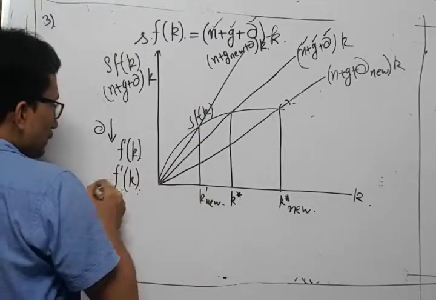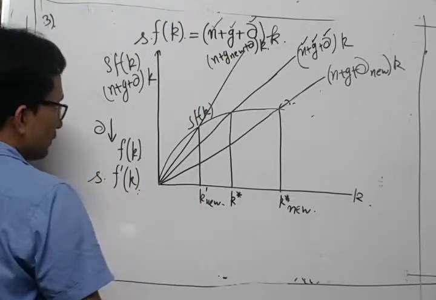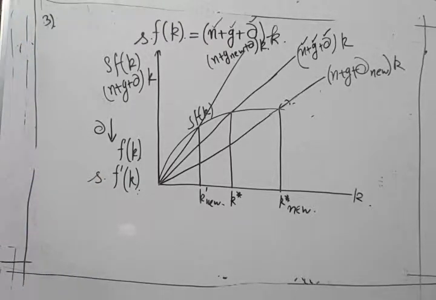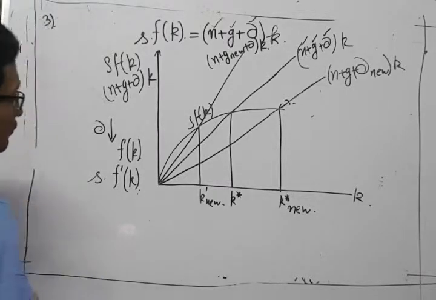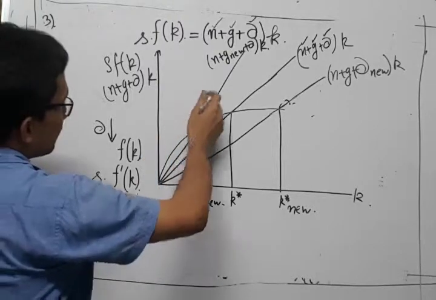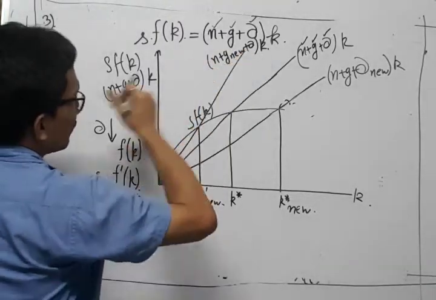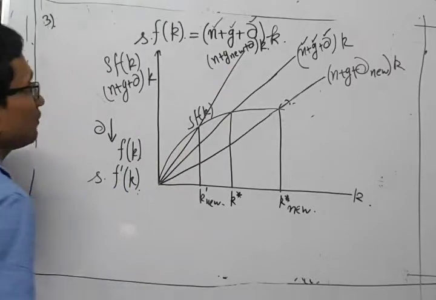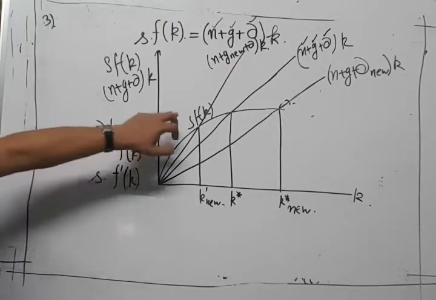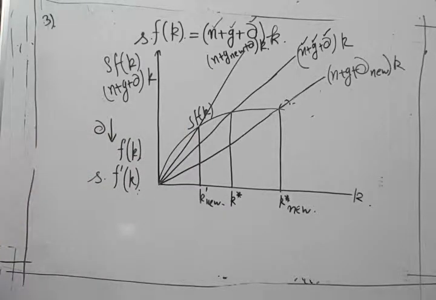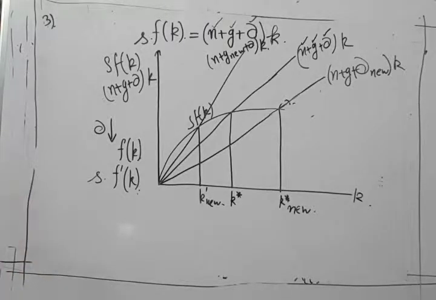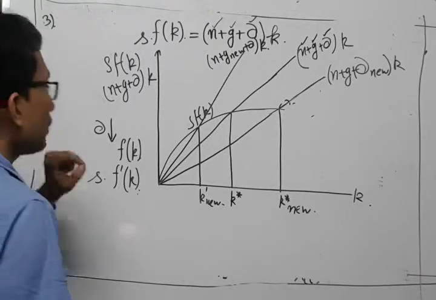So s f(k) gives the marginal increment in investment following a marginal change in k. As a higher level of break-even investment is required, we can match it only if the marginal product of small k is higher, which can only happen if you are operating at lower levels of small k.